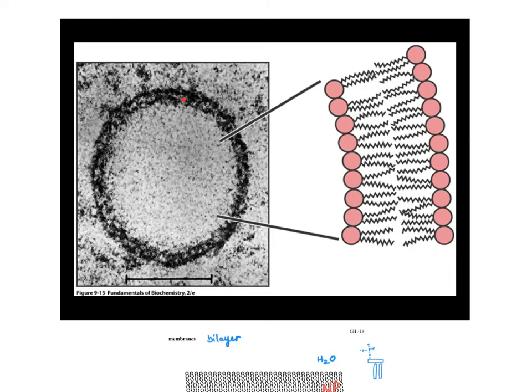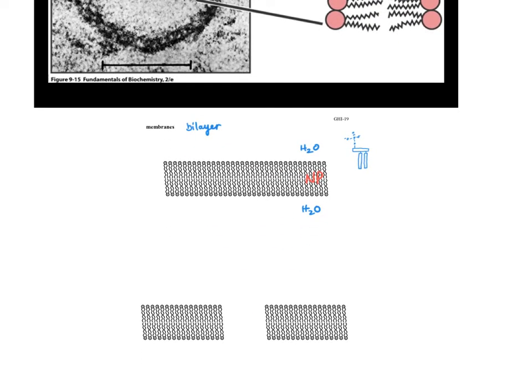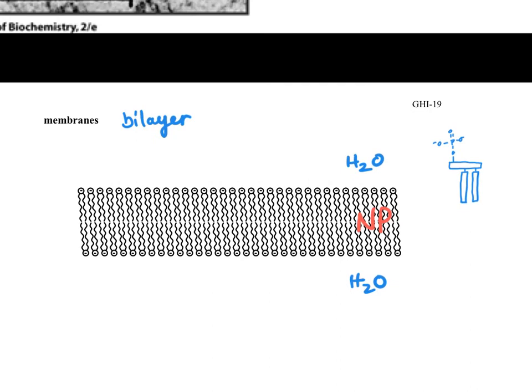So what happens instead is that they basically curve around, not just in this plane, but they do so in 3 dimensions, and you end up with a sphere with water on the inside and water on the outside. And this is basically how a cell membrane forms, or you can think of it as membranes like for the Golgi apparatus or mitochondria, chloroplasts, things like that. So that's a good way to take a look at what a membrane is like.